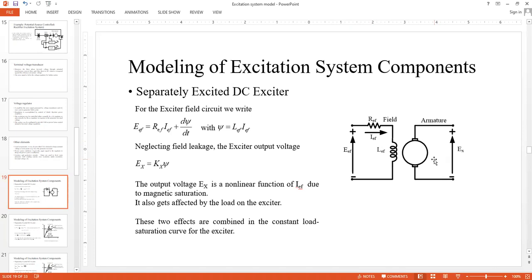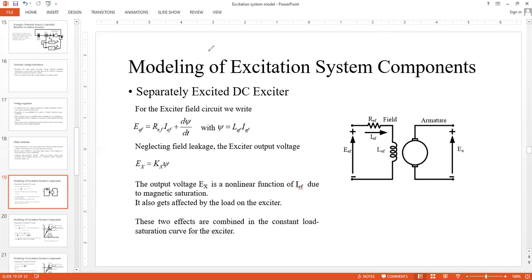And then we have the armature. Of course, in the armature you have armature coil resistance and armature coil inductance, but those are neglected in this derivation process. If you want to be more precise with the modeling, then you should also include something like this.